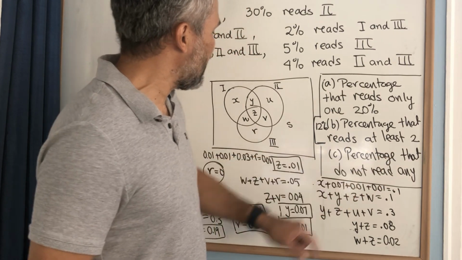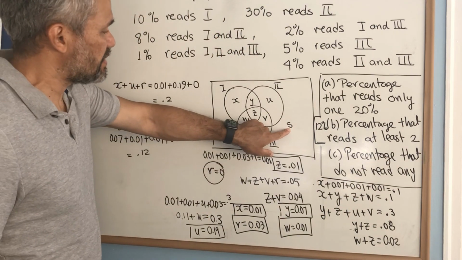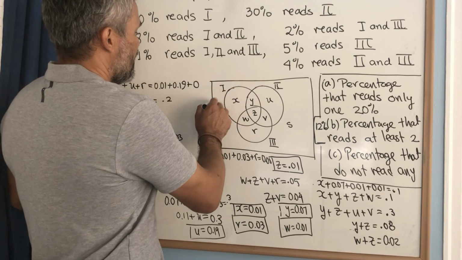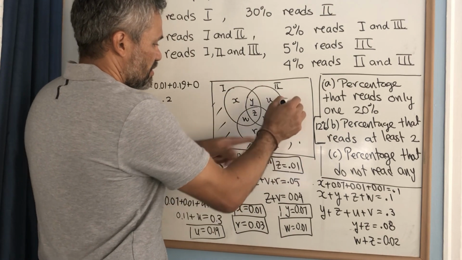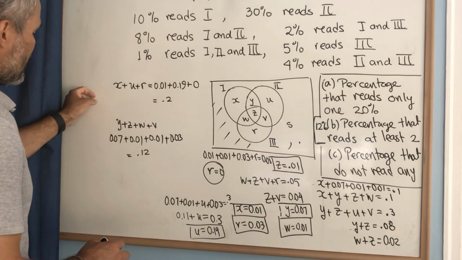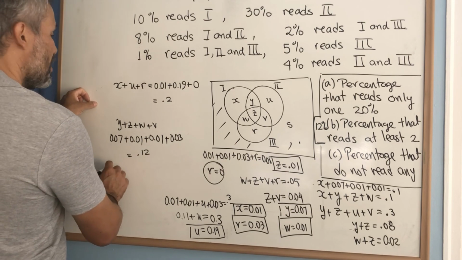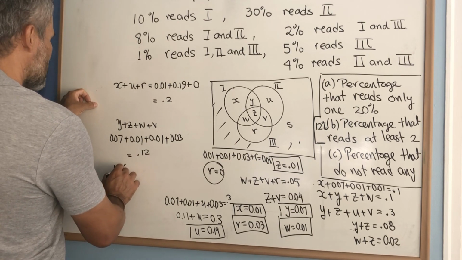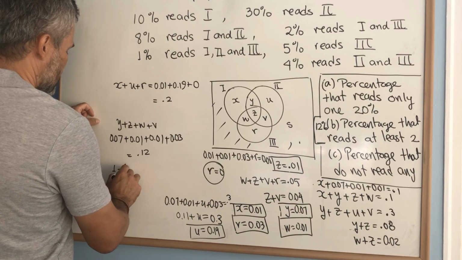Percentage that do not read any. Do not read any means just region S. This region here. And that region is just 1 minus everything else.